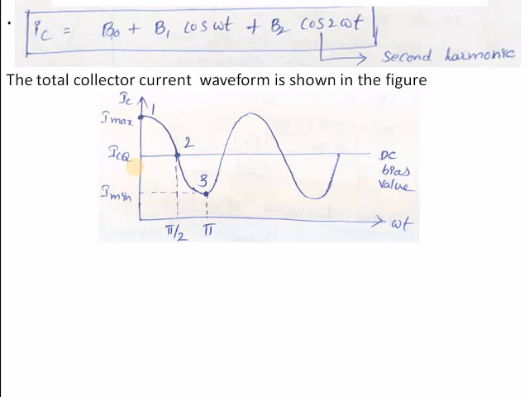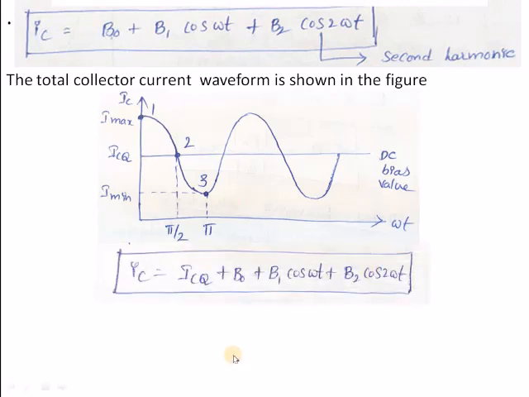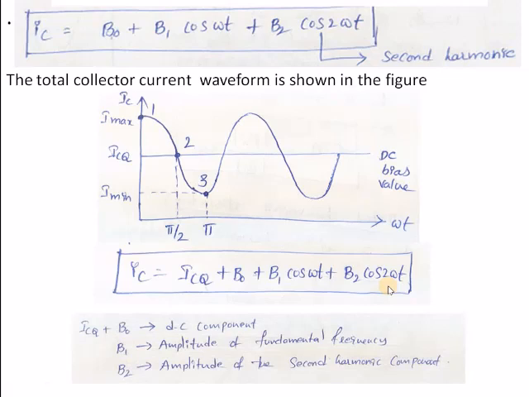The total collector current can be expressed in terms of the DC biasing value, the DC component, the fundamental frequency and the second harmonic frequency as IC is equal to ICQ, the DC biasing value, and the DC component B0, and the fundamental frequency B1 cos omega t, and the second harmonic component B2 cos 2 omega t.